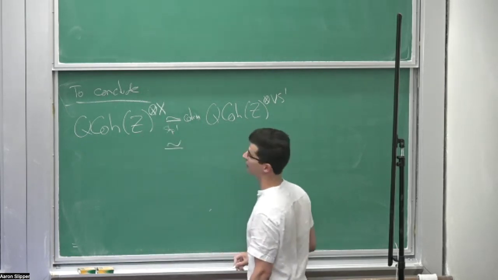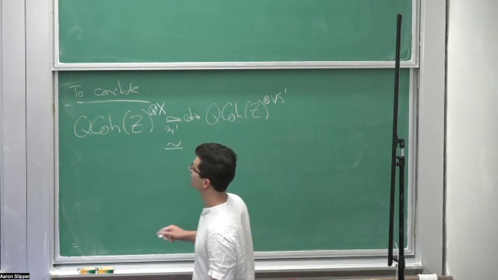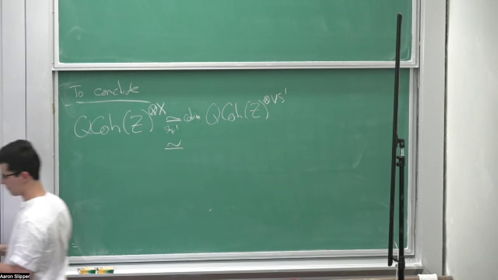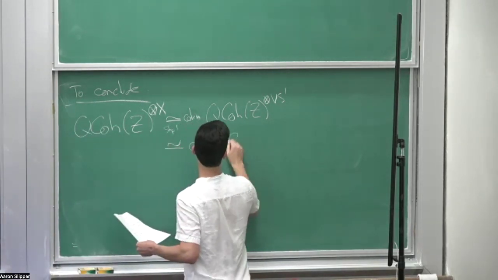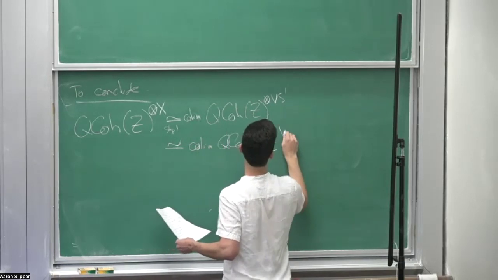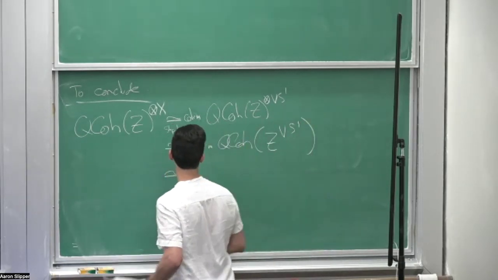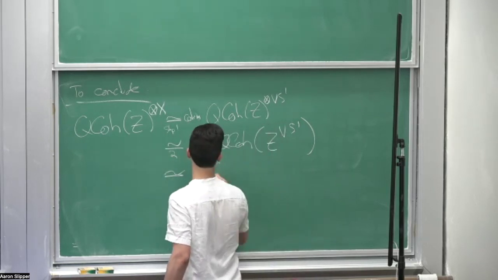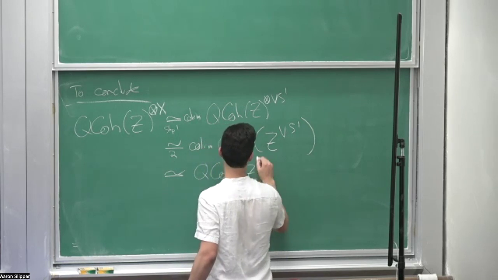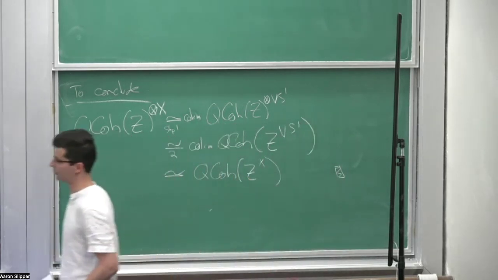And then I'm using step 2 to write it in this way. And then step 3 is you get rid of the colimit. So that concludes the proof.